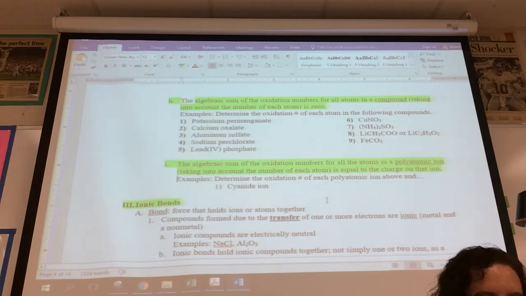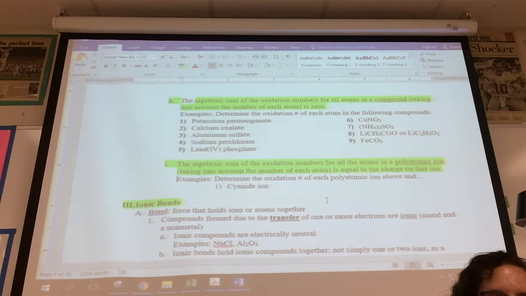What'd you get for the carbon in the carbonate containing compound? Did you get it? What'd you get? Sam, what'd you get? Okay.